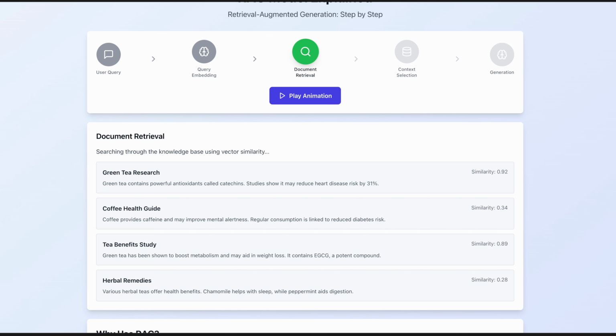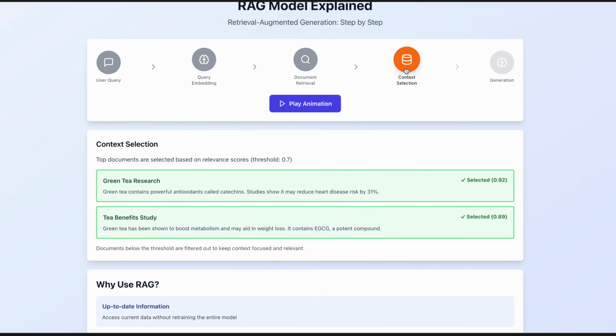So what we do is we select the context which is matching. Based on the threshold we assign, out of 1, documents above 0.5 would be selected. Here it is 0.7, which we kept so that we can have a perfect match.